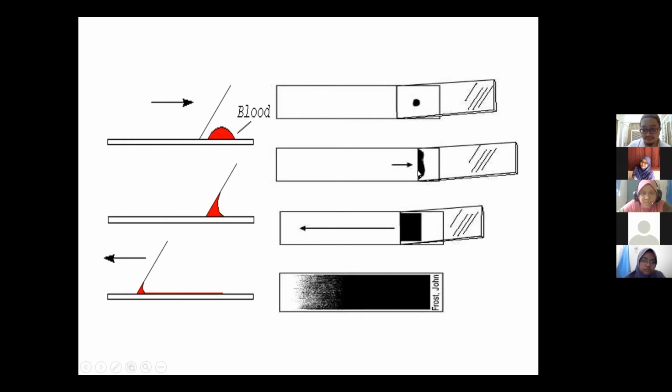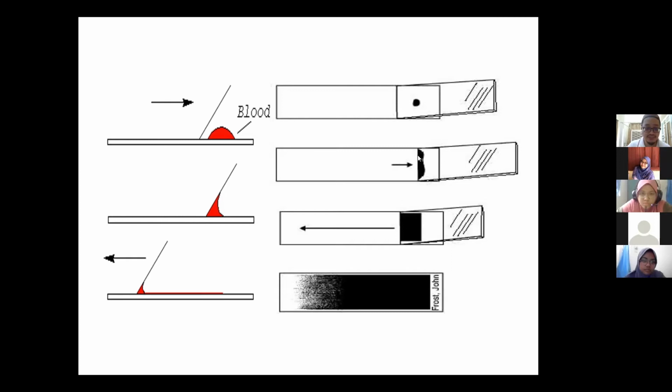Let it spread. Jangan terlampau pendek. You need to let the blood spread about 80 to 90% of the edge. Okay, tak nak juga sampai ke tepi. Although I've seen people on video, they wait until it reaches the edge, but I would like to caution you on that lah.